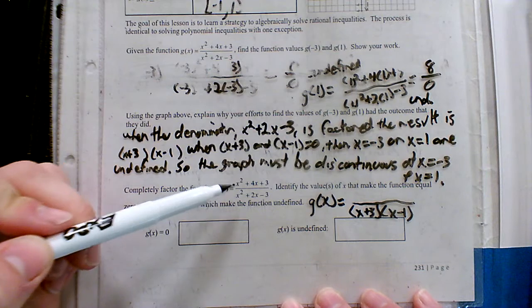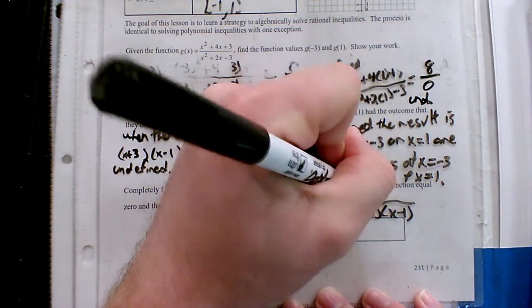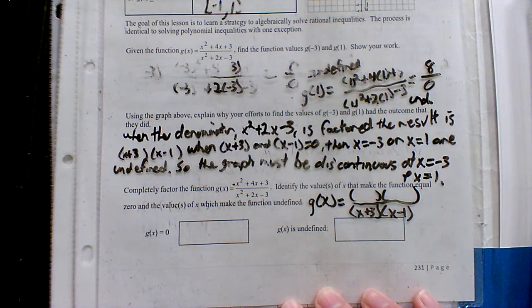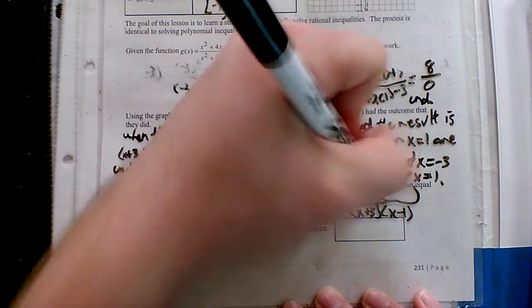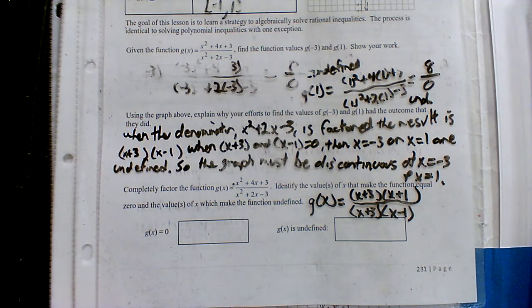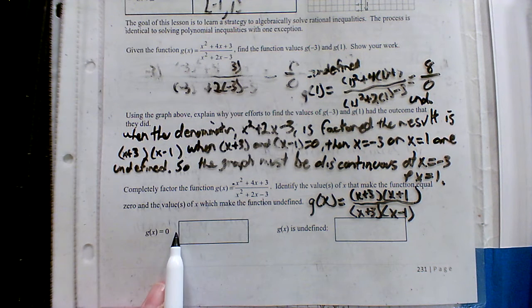So the top factors to what? X plus 3 and x plus 1. Okay, very good. So let's skip this part for a moment, where it's equal to 0.